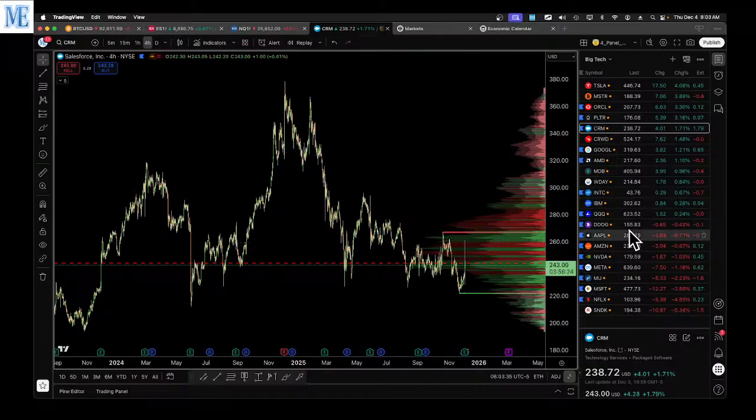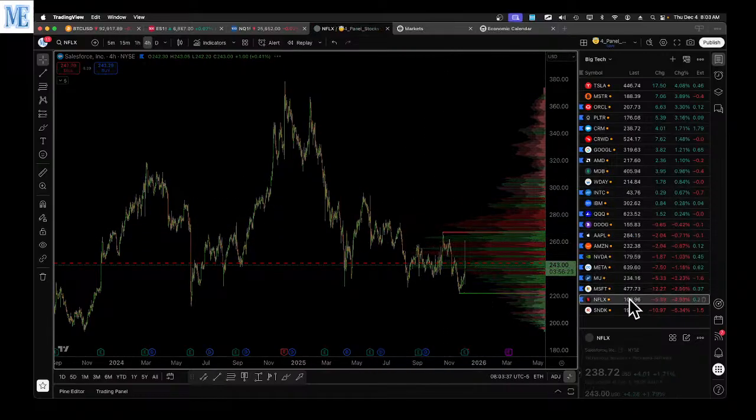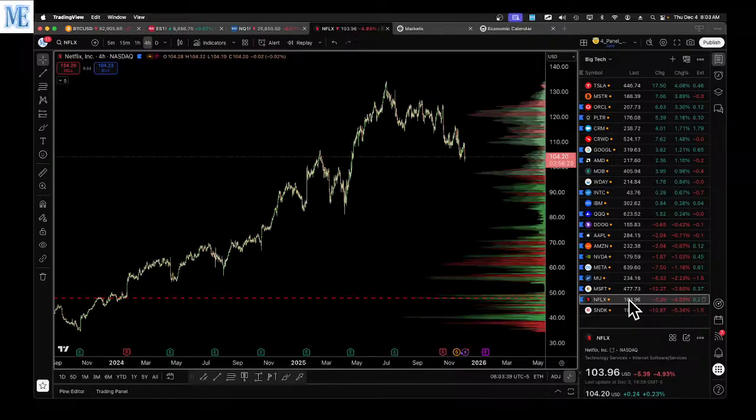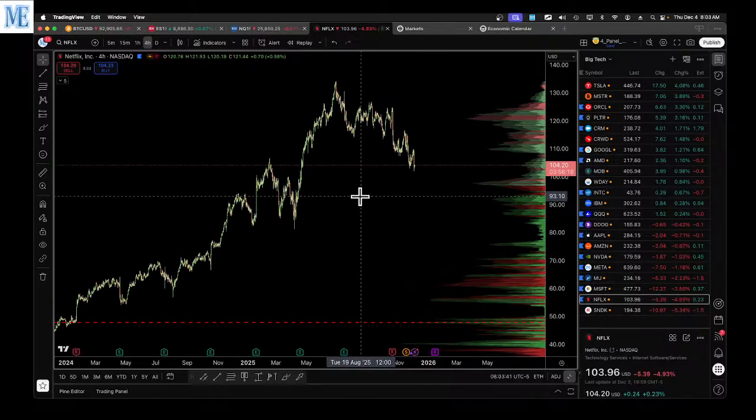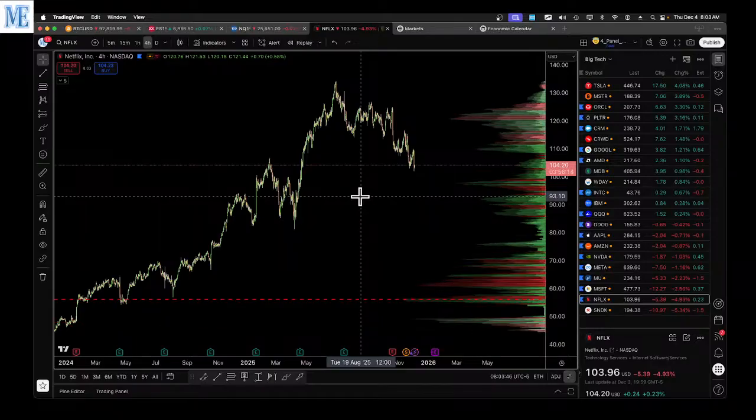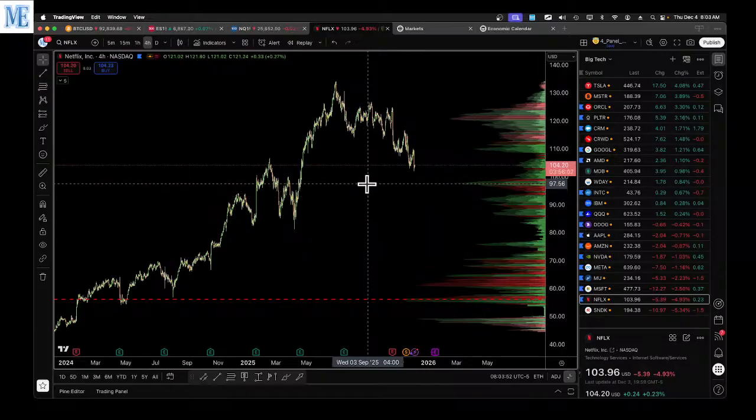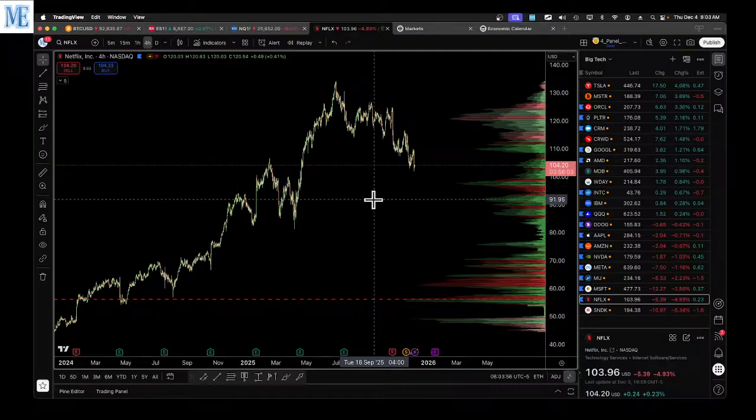And so last but not least, I want to put this up there, and this kind of hurts a little bit. Netflix, I'm in some long positions, but I kind of think I'm on the wrong side of this trade. To be honest, I think Netflix has a good possibility of backing down to 97, if not $90.